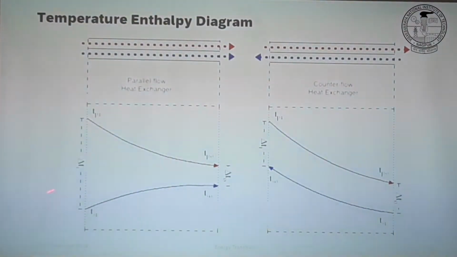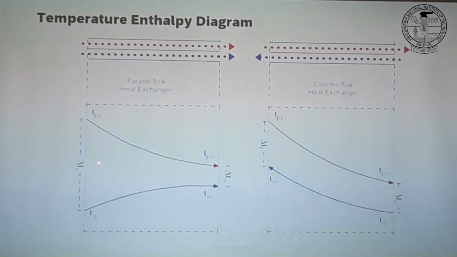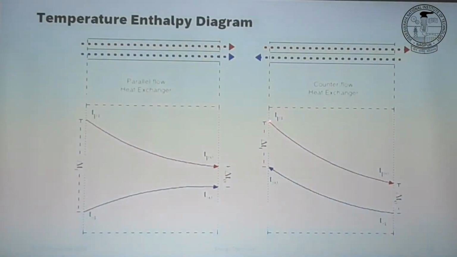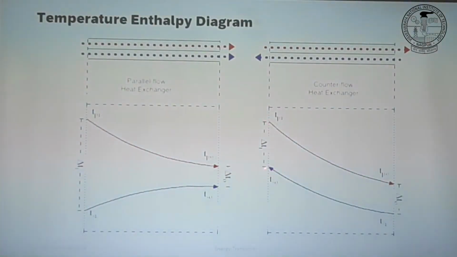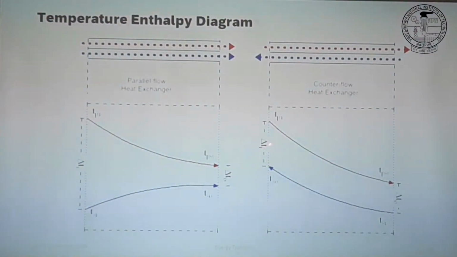So my metal temperature would be somewhere here. As I go further, my metal temperature remains similar, right? Now look at this one. At this point, my hot side inlet is this, cold side outlet is this, my metal surface is somewhere here, right? So my metal temperature is much higher in this case.